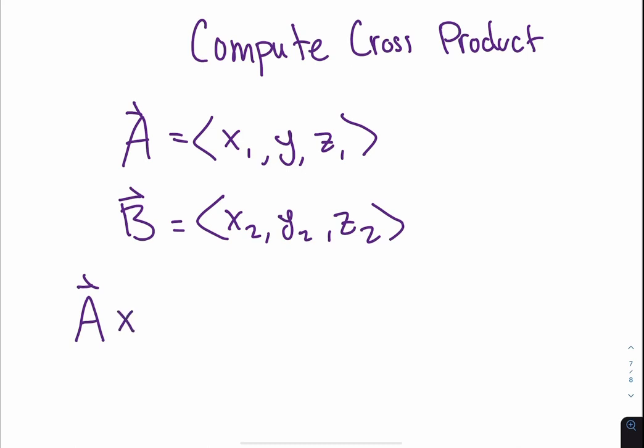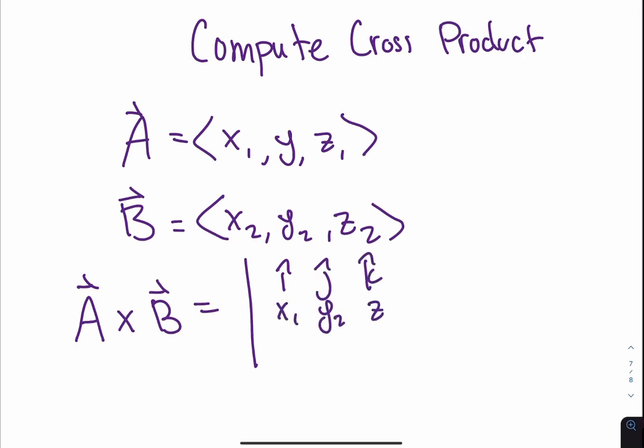A cross B is going to be this determinant. As you can see, the first row are the standard basis vectors, the second row are the components of vector A, and the third row are the components of vector B. Now, if you're unsure what a determinant is, that's something that you should definitely research because it's going to come in very handy in the future.